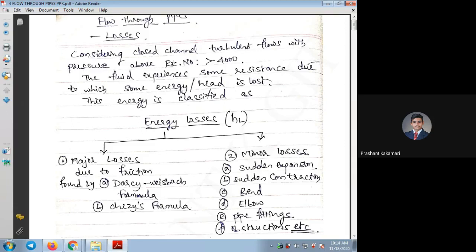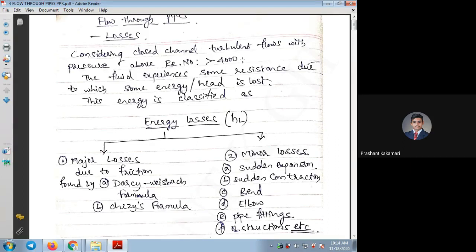If the Reynolds number, due to low or medium velocity, is between 2300 and 4000, then we call it transitional flow, because we cannot differentiate whether it is laminar or turbulent. So we call that range transitional flow.